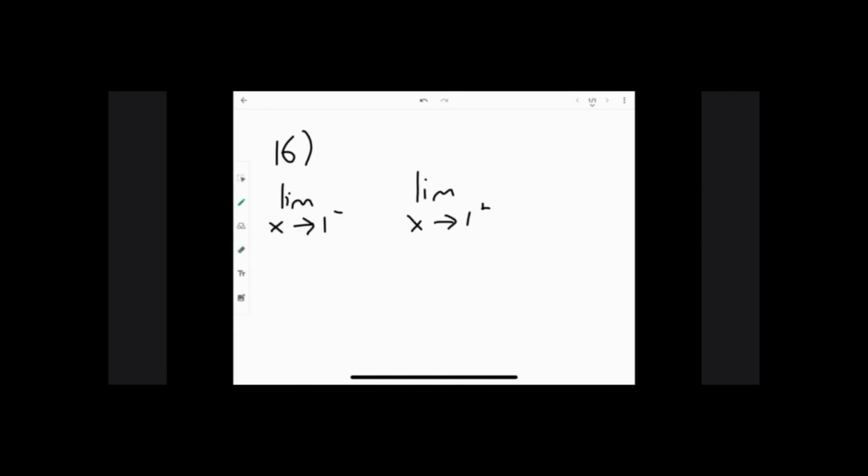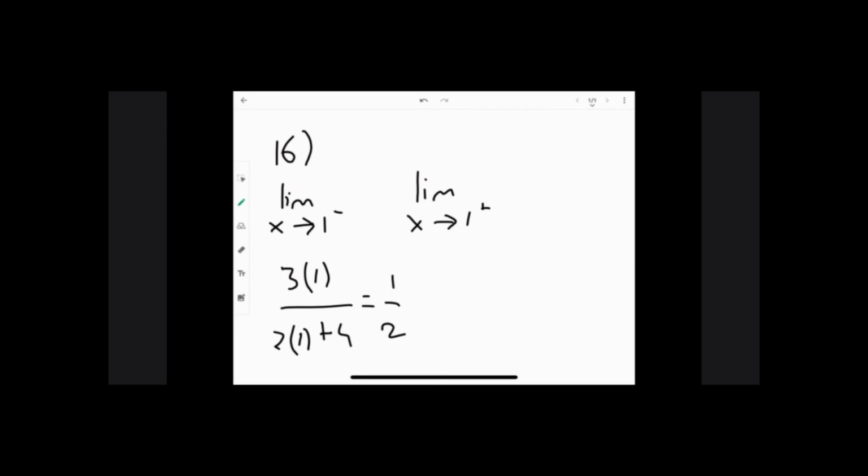The other way we can find points of discontinuity is when there is a gap in the function. So when the limit as x goes to 1 minus and the limit as x goes to 1 plus are unequal, there is a discontinuity. So if we substitute 1 into the first part of the function, we get 3 over 2 plus 4, which is equal to half.